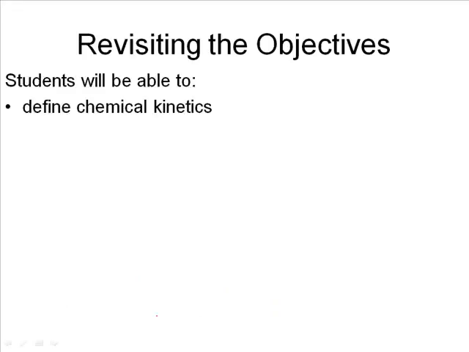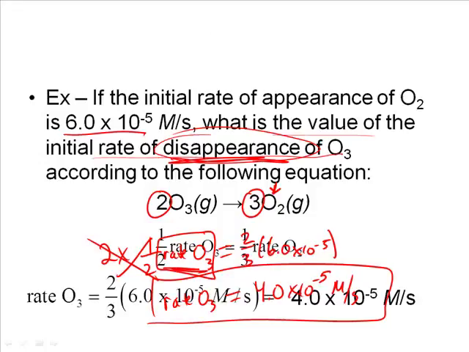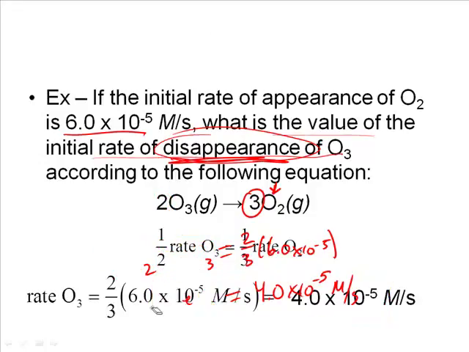Okay? So that's something that you definitely need to be able to do. That if they give you one reactant or one product, you need to be able to take that information and figure out what any other reactant or product would also be disappearing or being created at that same rate.